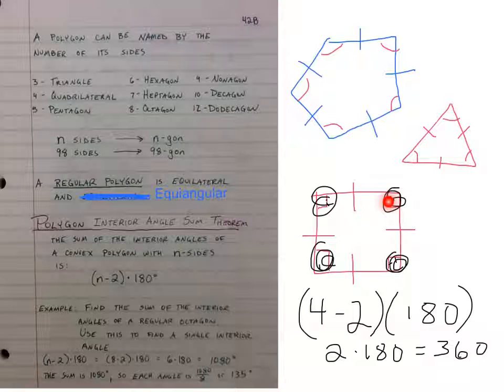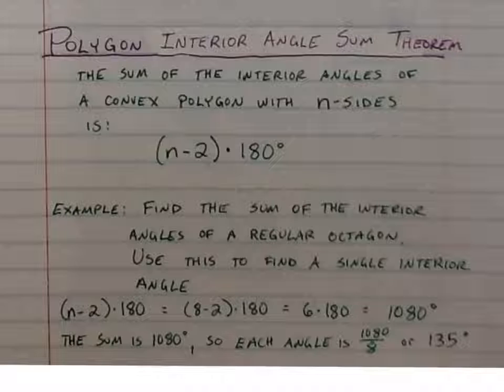The example I've shown below says, find the sum of the interior angles of a regular octagon. Use this to find a single interior angle. Here, I'll zoom in on this for us. So we use the formula n minus 2 times 180 to find the sum of the interior angles. Because it's an octagon, we know it has 8 sides, so we plug 8 in for n. 8 minus 2 times 180, and we simplify that to be 6 times 180, or a total of 1080 degrees.